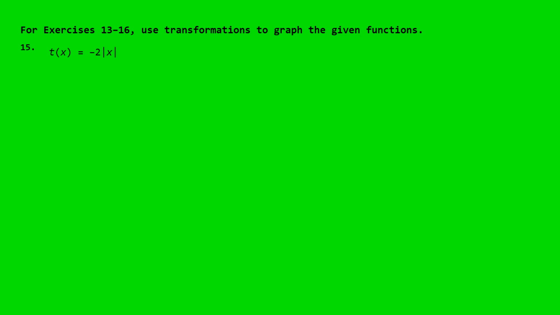This one we could do in a 2-stager, but we're going to do it in a 3-stager. Start with y1 equals absolute x, V-shaped graph. Stage 2, y2, will be multiply this by 2.